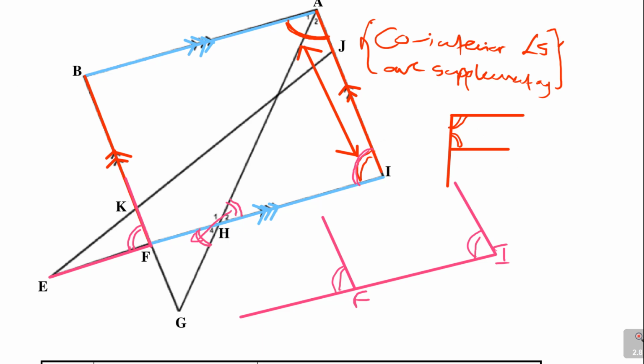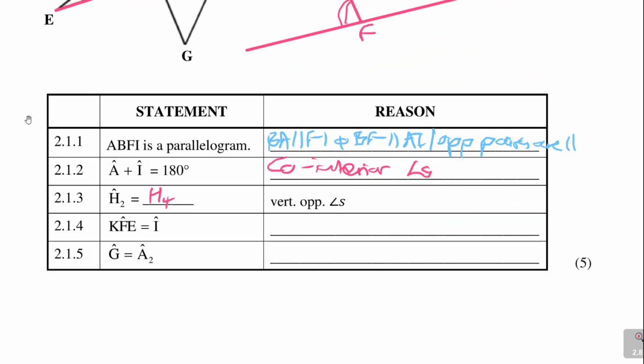So if I take you back to this F diagram here, you now know this particular angle is equal to that angle. We call them what? Corresponding angles. They are on the same side. Remember the parallel lines, this is parallel to that, so we call them corresponding angles here.